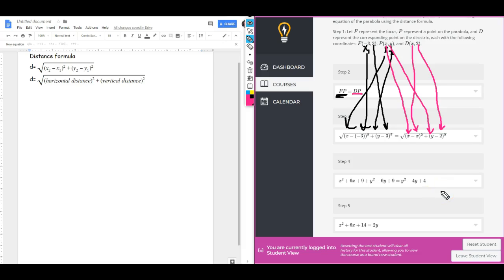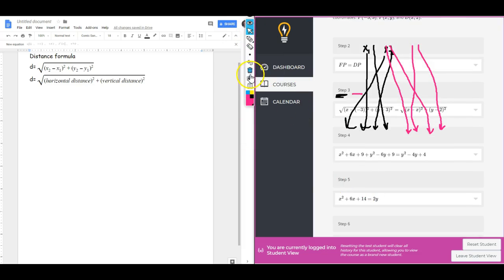I am showing you these so that you can select them and receive credit for it. So step 4 is x squared plus 6x plus 9 plus y squared minus 6y plus 9 is equal to y squared minus 4y plus 4.